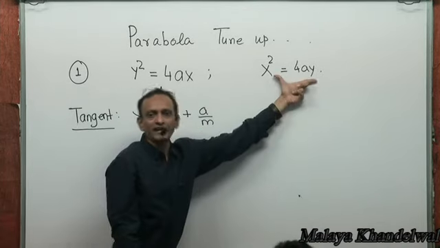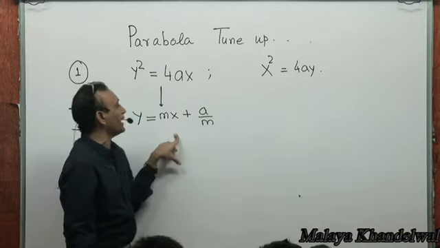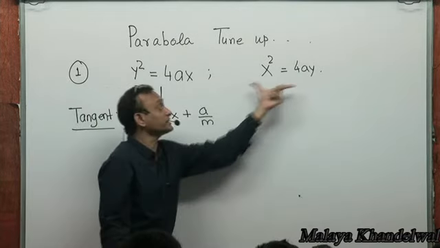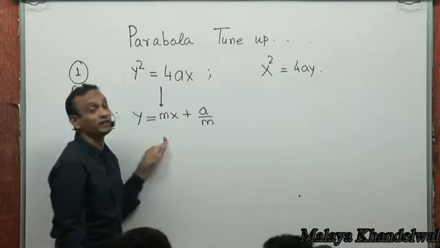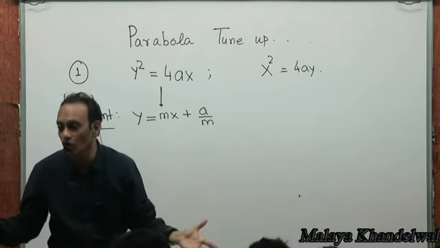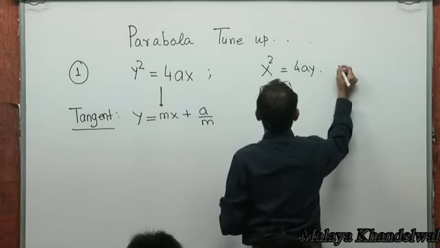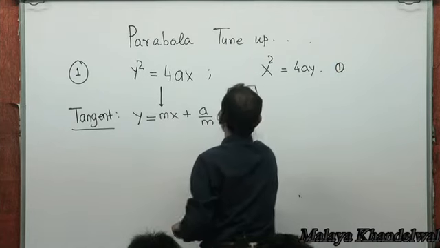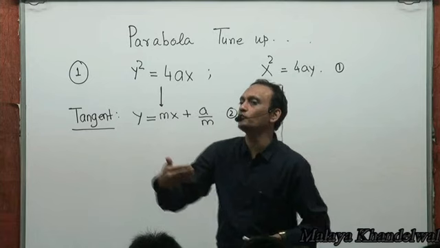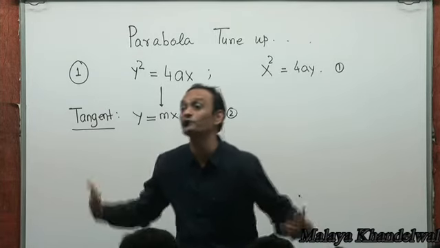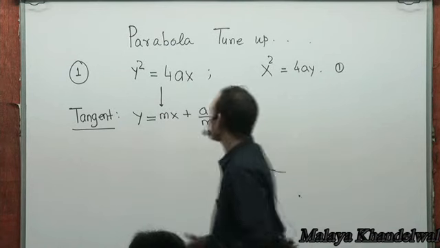Now, if this line is a tangent to this parabola, then the 2 points of intersection between this parabola and this line must be coincident. Yes or no? Right? Which means now if I have to solve between 1 and 2, then the two values of x and the two values of y obtained out of solving this must be coincident or equal to produce tangency, right?